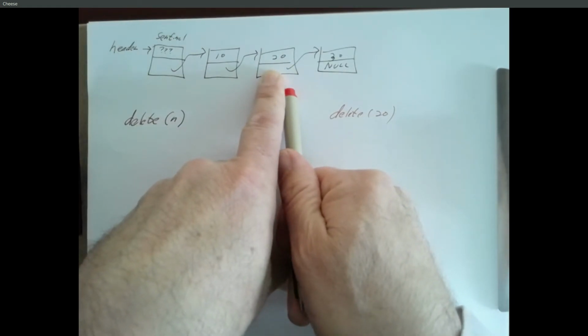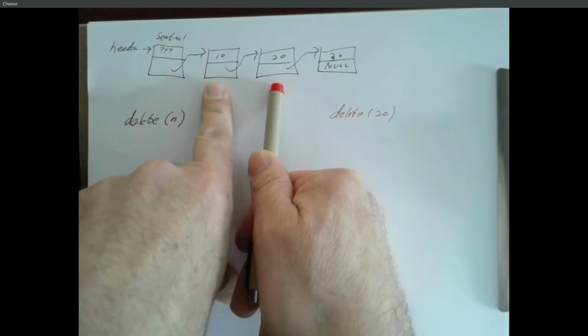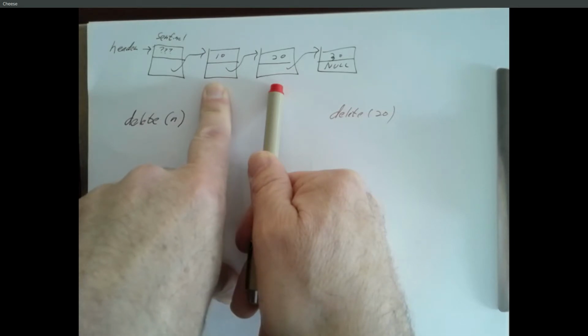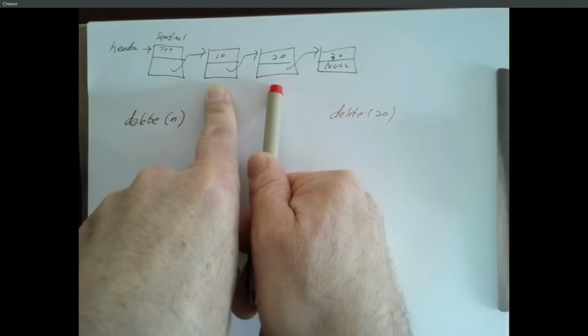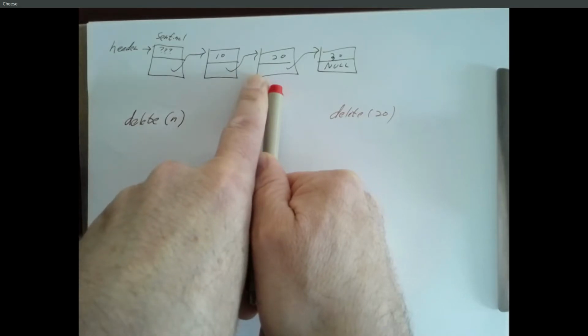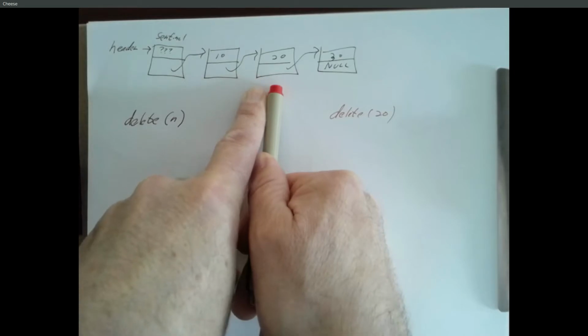The one slight trick is that once we know this is the node we want to delete, we also need to know what the node is right before it. So as we're moving through the list, we need to keep track of the previous node as well as the current node. A before and after. Or in this case, I'm going to call it previous and current.